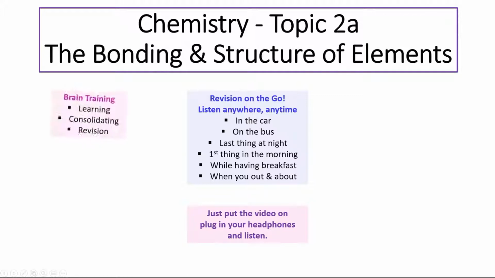The key to exam success is learning, consolidation and keeping this topic fresh in your mind. How do you do that? Repetition, repetition and repetition. If you go over this enough times, you'll be able to answer any questions on this topic confidently in your exam.